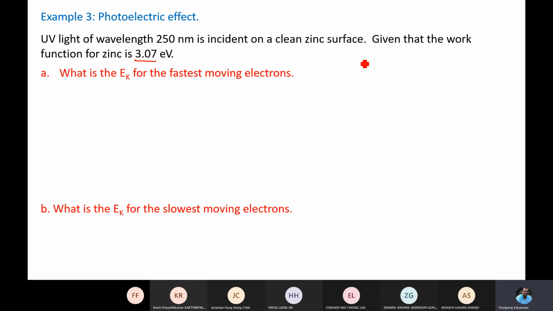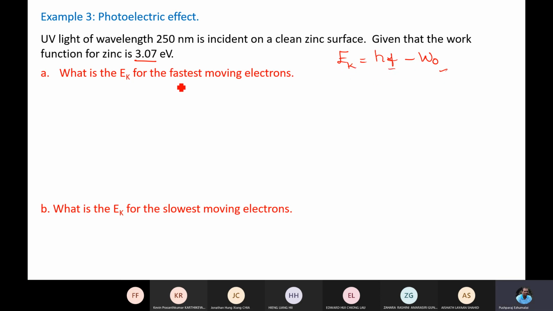So what is the kinetic energy formula from the photoelectric equation? Kinetic energy is equal to hf minus work function. So the work function is there, the incident photon is there, we can find the kinetic energy.